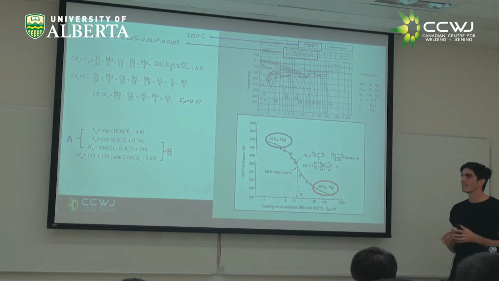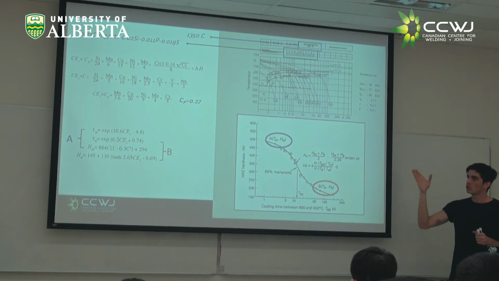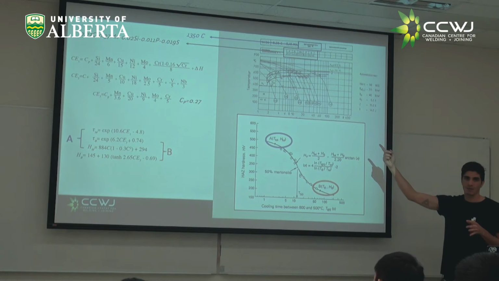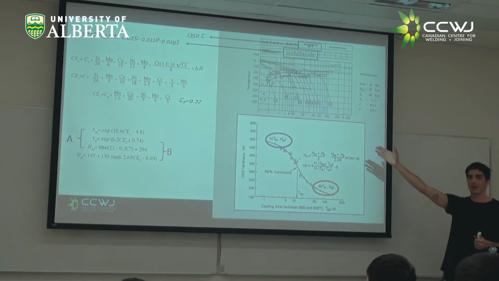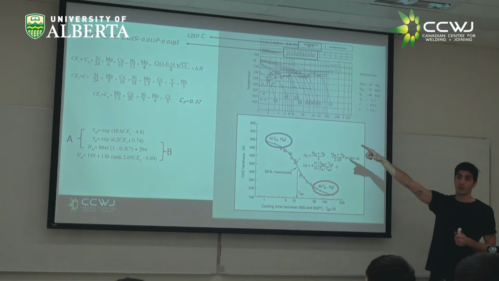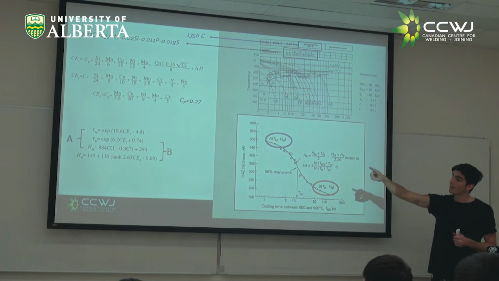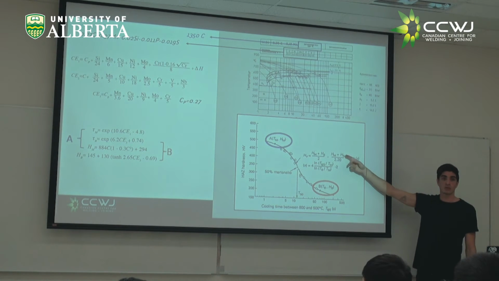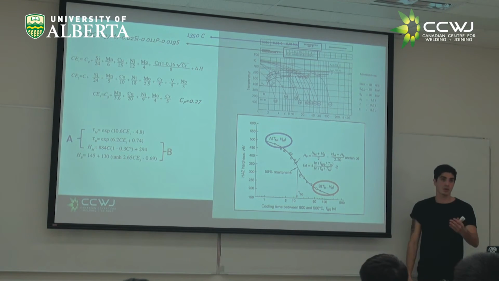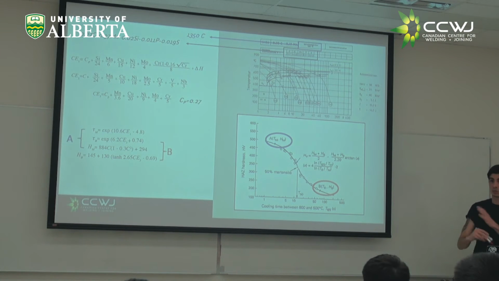Those values depend on another set of functions above, which depend on the chemical composition. Once you have the chemical composition, you can calculate those, then calculate these two points, and with these two equations, you have your hardness. That's what we're going to do, and after we do that, we are done.